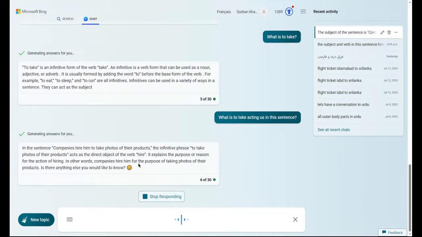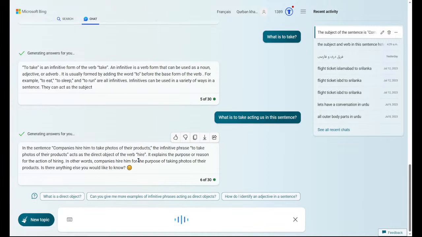In the sentence, companies hire him to take photos of their products. The infinitive phrase, to take photos of their products, acts as the direct object of the verb hire. It explains the purpose or reason for the action of hiring. In other words, companies hire him for the purpose of taking photos of their products. Is there anything else you would like to know?